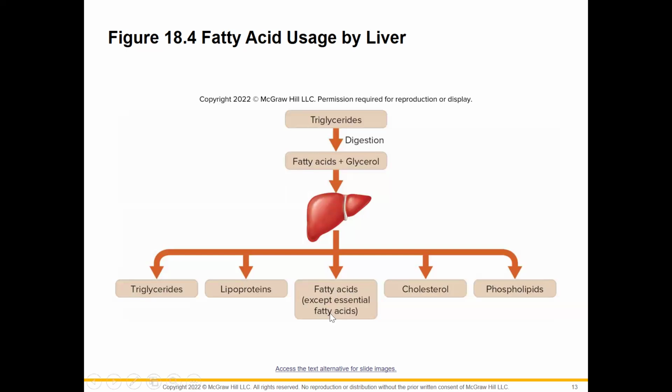You can use the fatty acids themselves, or it can make more fatty acids or different fatty acids, except those that we consider essential because our liver cannot make them or convert them. You can make more cholesterol and you can make more phospholipids.